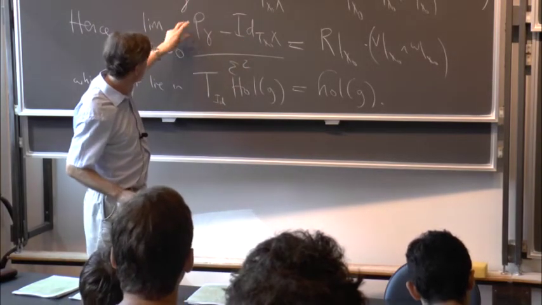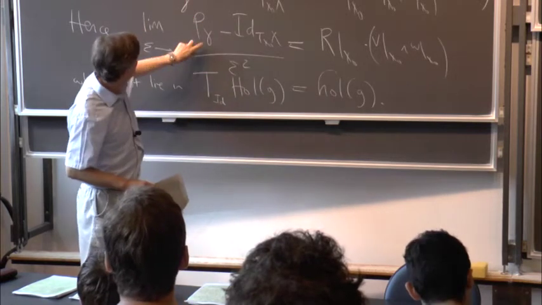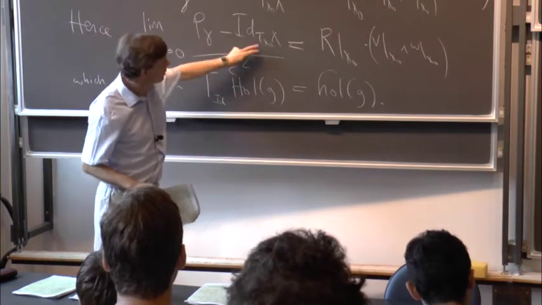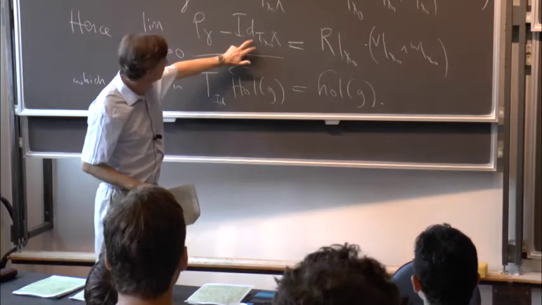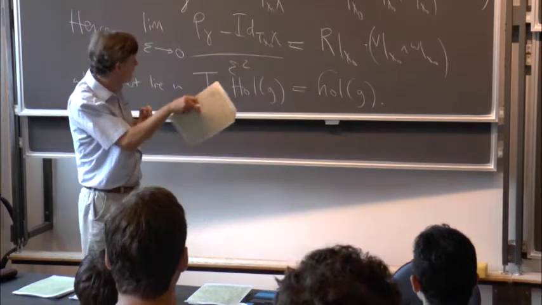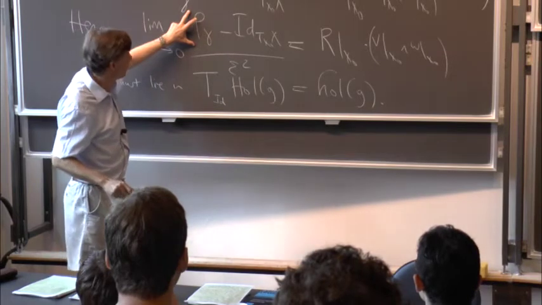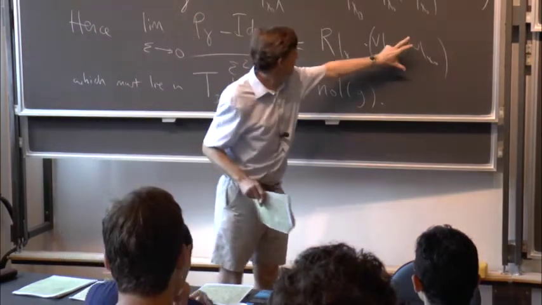The holonomy group of G is the set of these things. So we're really looking at a path in the holonomy group which converges to there. So if you take the tangent vector along the path, it is this.